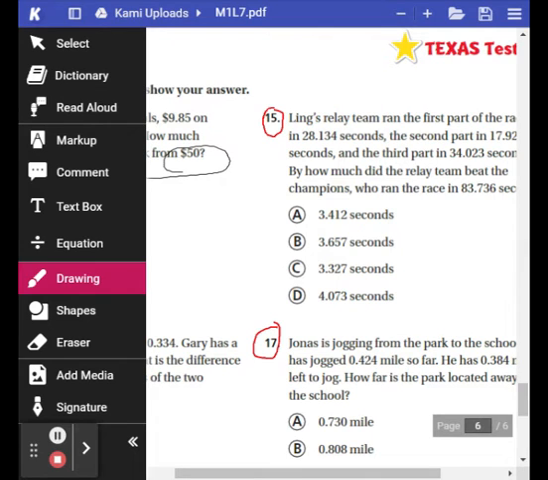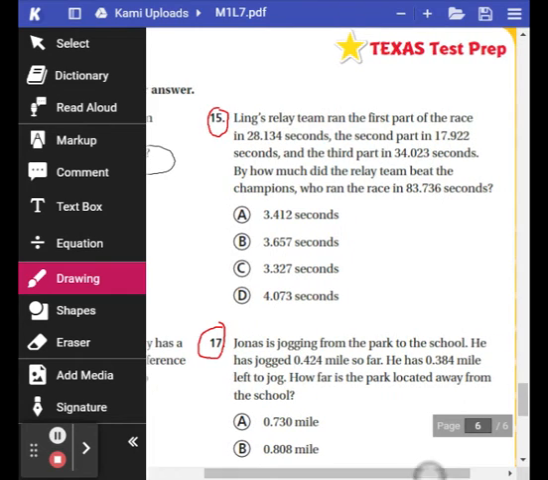Let's look at number 15. Ling's relay team ran the first part of the race in 28 and 134 thousandths seconds. So this is the first part of the race. So some of you on Thursday, you're going to be interested in your times that you get, because it's going to be in decimal numbers.